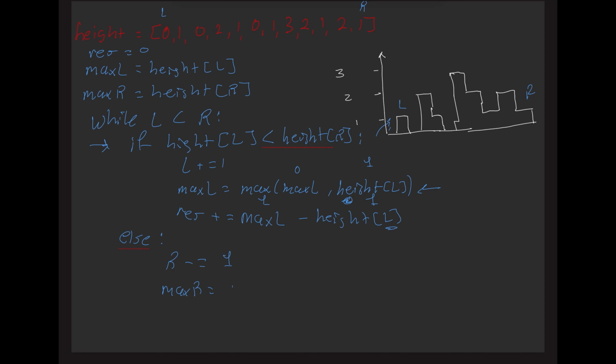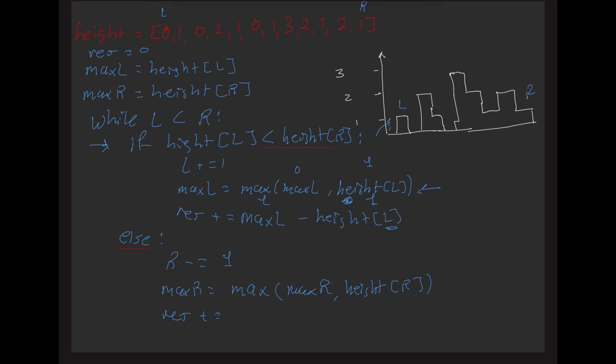And we have our max right. Similarly, we will do max right comparison, and then height of right, and then the result will be incremented if there has been a noticeable shift.